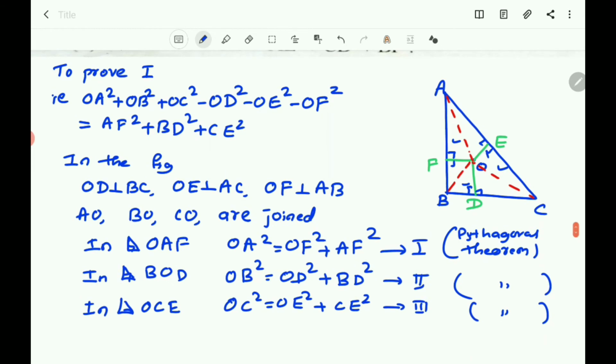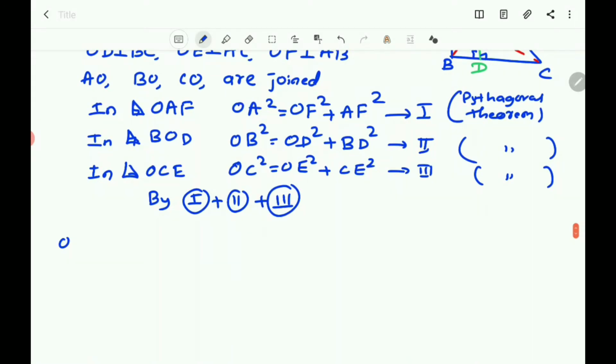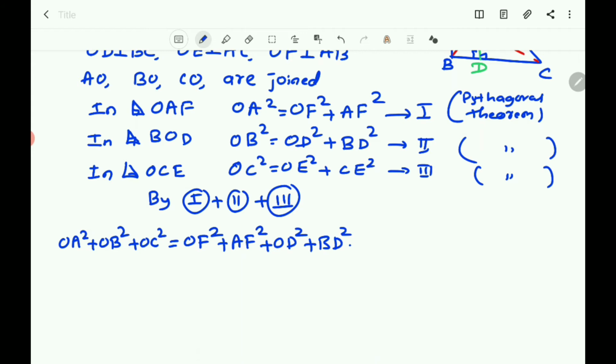Now you add first, second and third. What you will get? OA square plus OB square plus OC square is equal to OF square plus AF square plus OD square plus BD square plus OE square plus CE square.